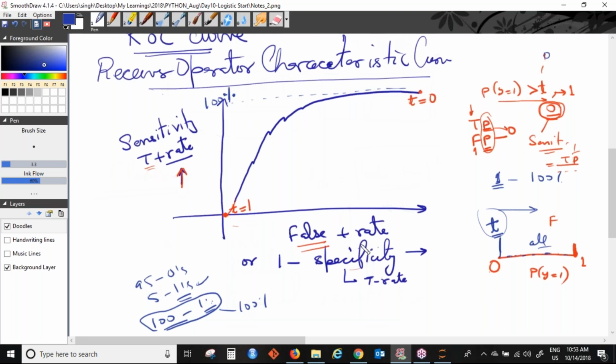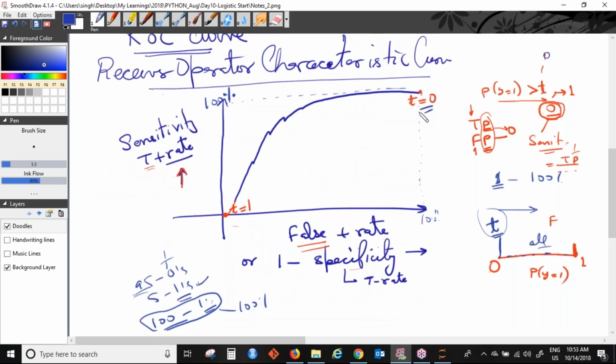What will be your false positive rate in that case? Your false positive rate will also be high, right guys? Because you have predicted everybody as cancer, and 95 of them did not have cancer, but you said 1 for them. So your false positive rate will also be very high. So almost 100%. Look at this.